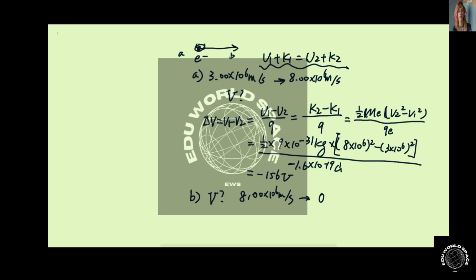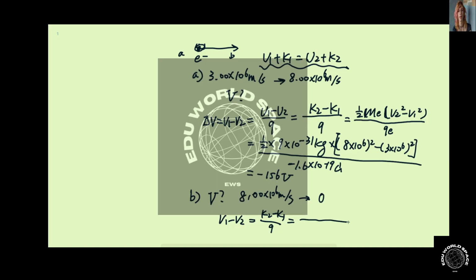Okay, so in part B, it asks what is the potential difference. So we bring it from this kinetic energy to 0. And we have the same formula, V1 minus V2 equals K2 minus K1 over Q. So K2 is just 0.